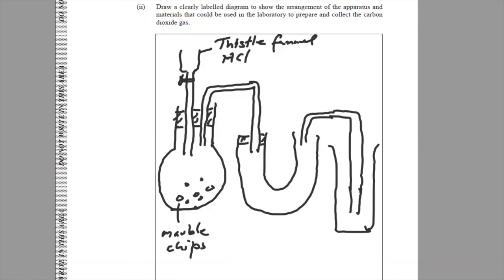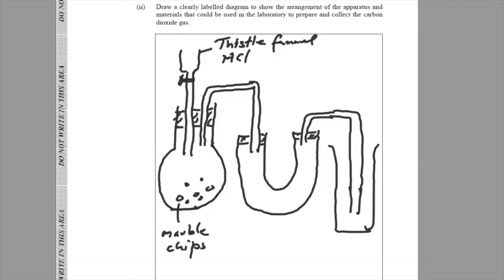But the delivery of the carbon dioxide is actually downward because it's more dense than air. As it goes down into the gas jar, the air would be displaced going up. So we call it the upward displacement, but the delivery is downward.